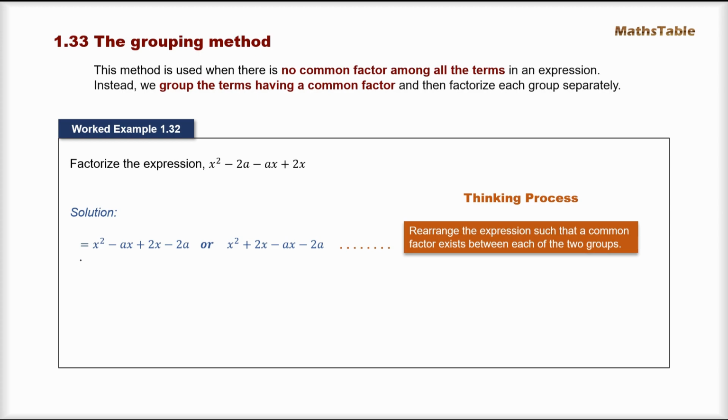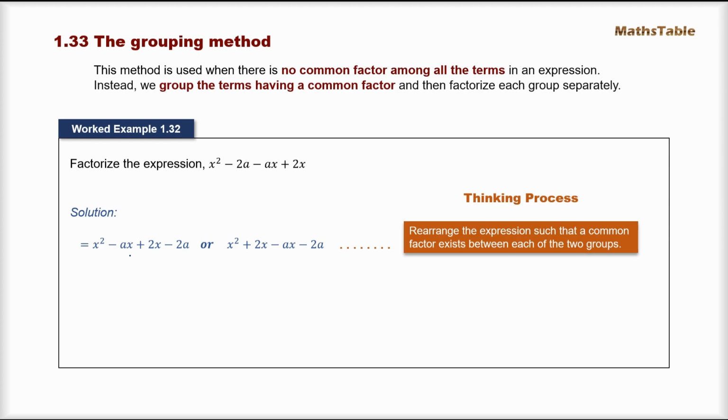If we check this first arrangement, we can see that if we group the first two terms together, we have a common factor between these two, which is x. Similarly, in the second group, which consists of the third and fourth terms, the number 2 is a common factor between these two.